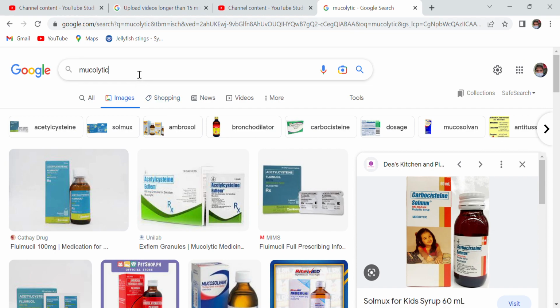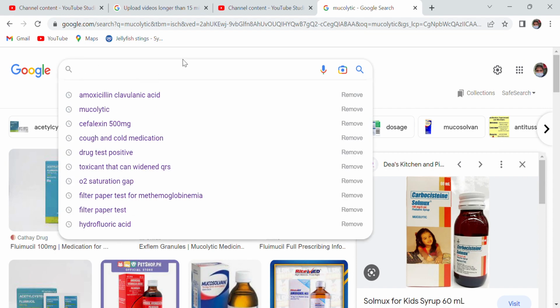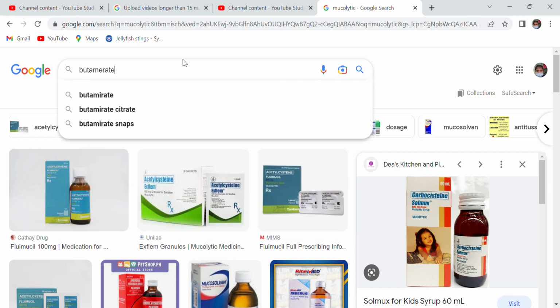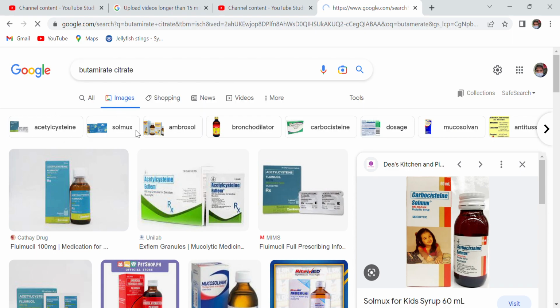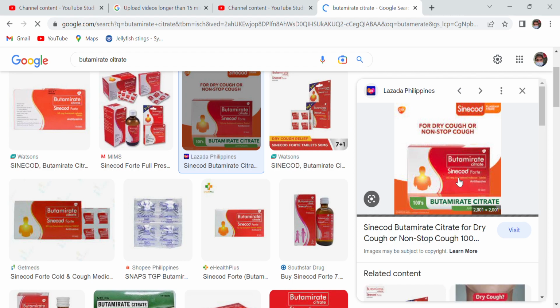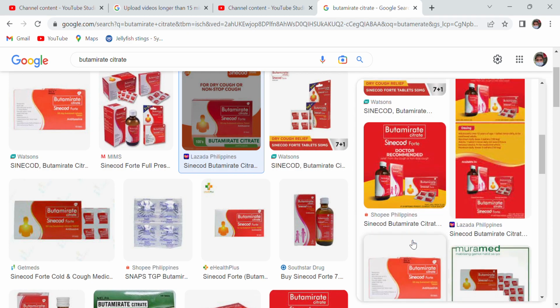So what if it is a dry cough? If it is a dry cough with no phlegm, then all you need is a cough suppressant, maybe butamirate citrate. Here, butamirate citrate, as you can see, like Sinicod, is an antitussive, a cough suppressant.